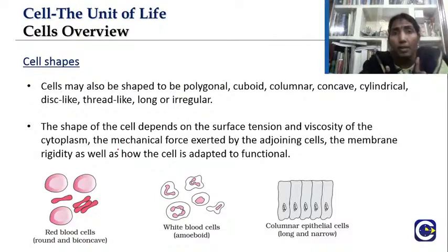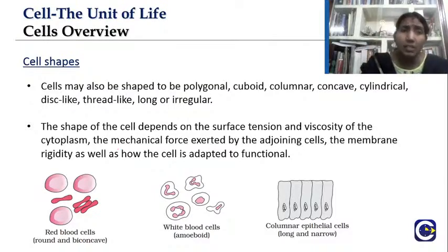If they were, say, a big oval shape, they would get stuck and, as they try to get out, they would rupture. So to avoid all this, every cell has a specific shape to perform a specific function, and factors like surface tension, viscosity and mechanical forces give that shape.